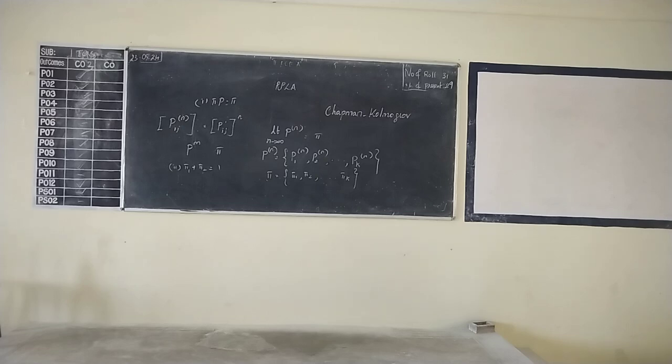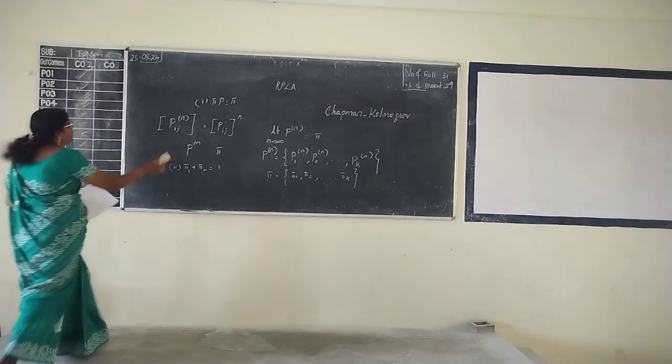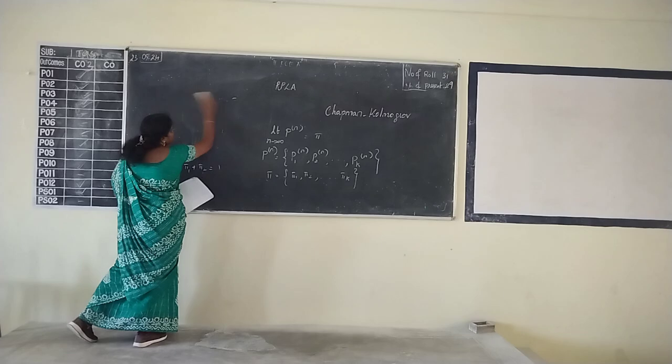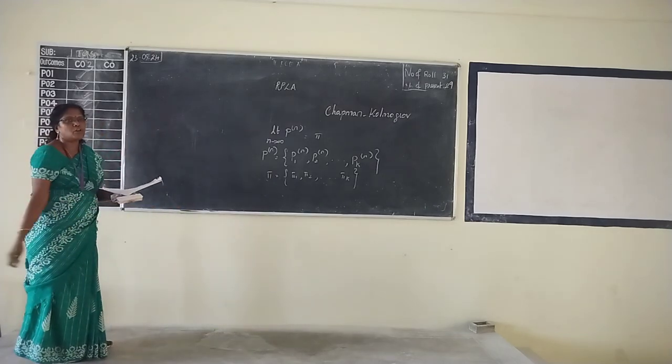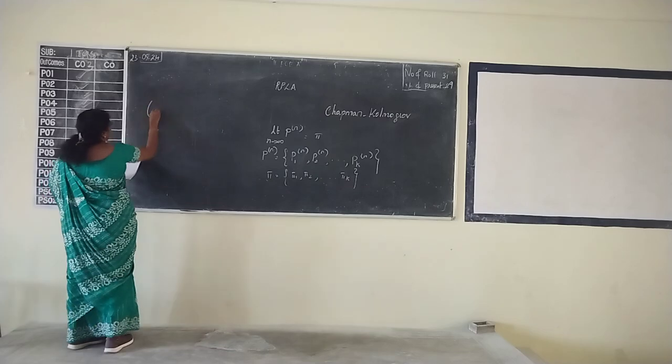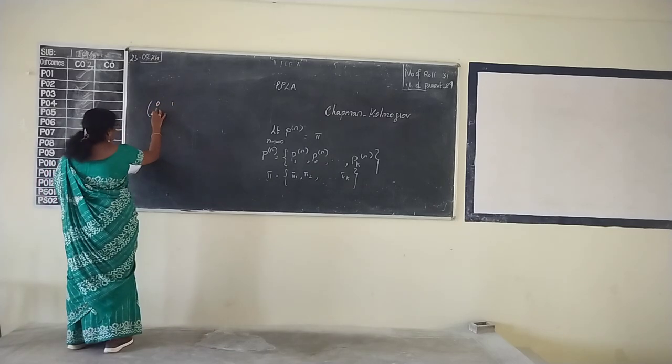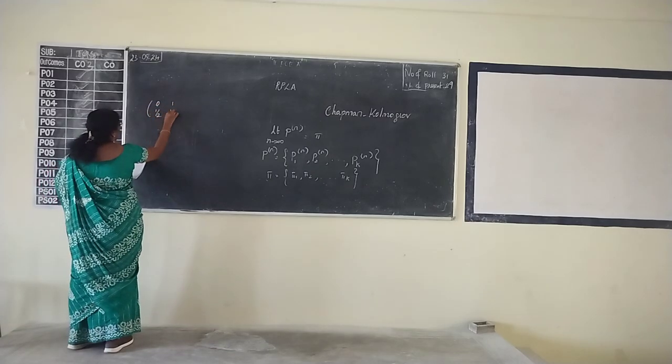Take note. First one. If the TPM of the Markov chain is a 2 by 2 matrix, 0, 1, 1 by 2, 1 by 2.